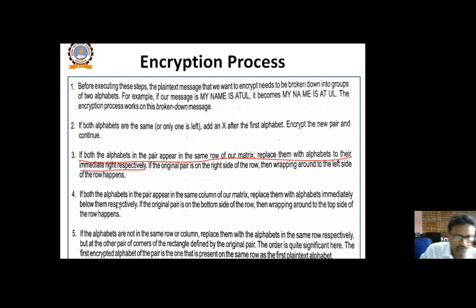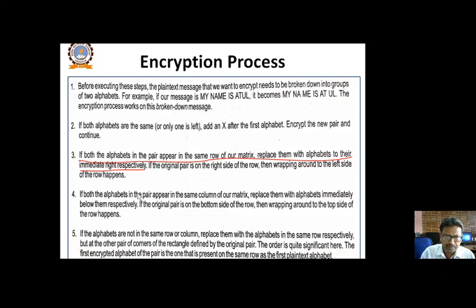Now, this is the condition when the pair which we have made of the two alphabets lies in the same row. The replacement we use is the immediate right, and if the immediate right is finished, then we wrap around to the left side.